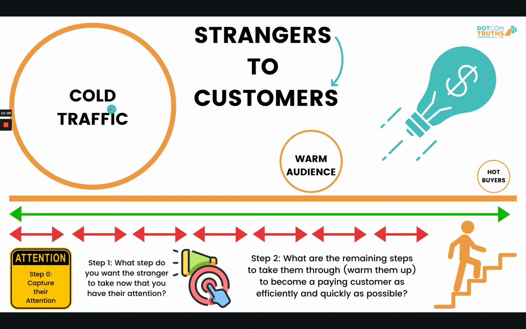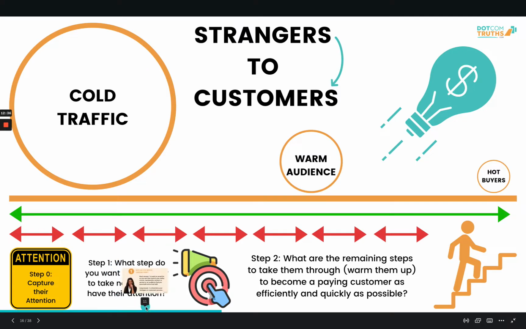Now, the strangers to customers process also follows the journey of somebody being a total stranger, which is cold traffic, all the way to becoming a buyer, which is a customer. And there are different steps that occur to make that happen. Step 0 is just capturing their attention. Just like, hey, now they know you. That's step 0, getting their attention.